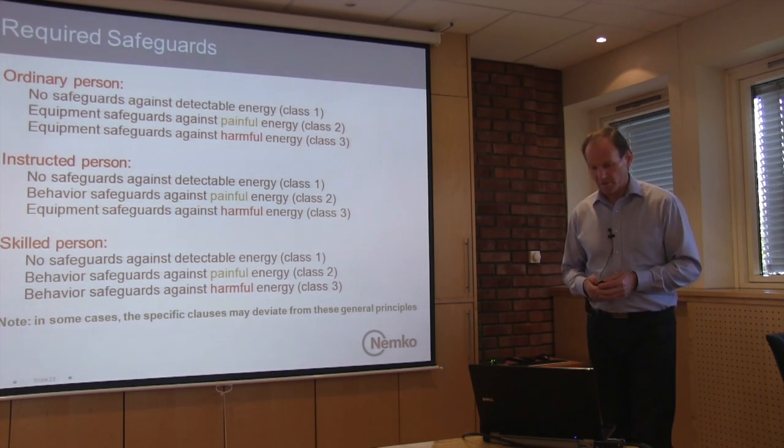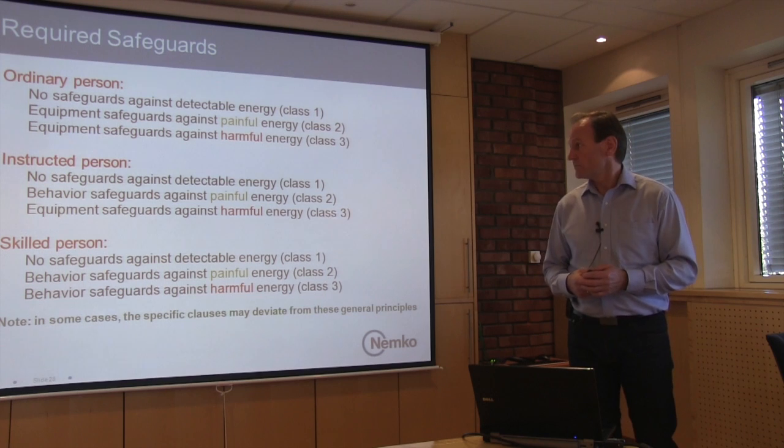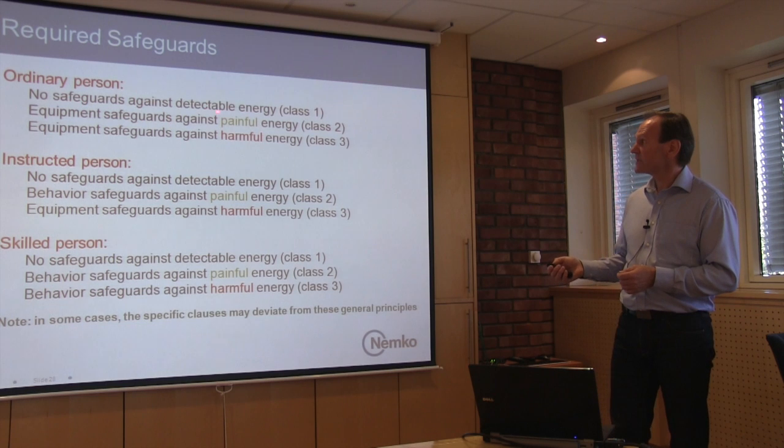So, what kind of safeguards do we need for the different persons? For the ordinary person, of course, no safeguard against energy class 1. Equipment safeguards against painful energy, which is class 2. And also equipment safeguards against harmful energy, class 3.